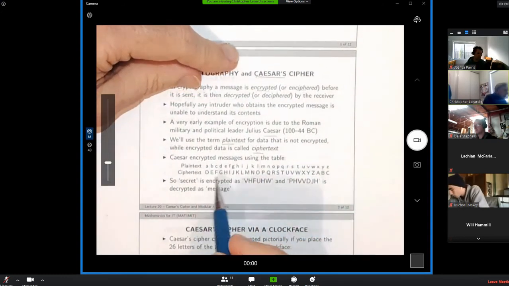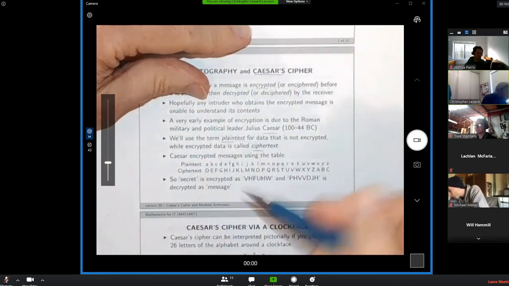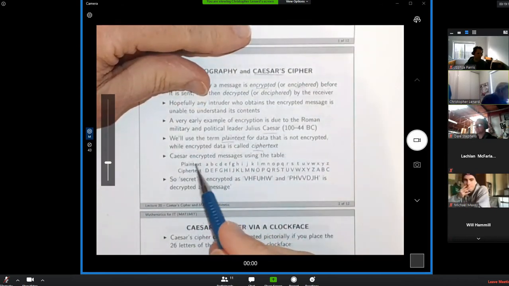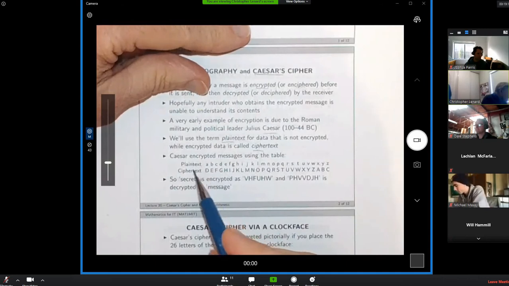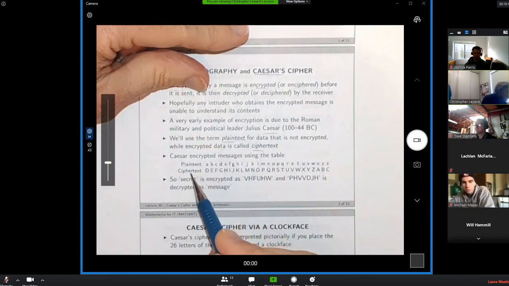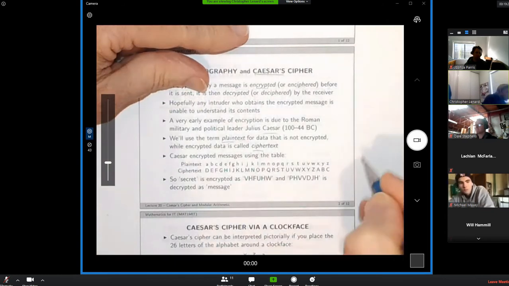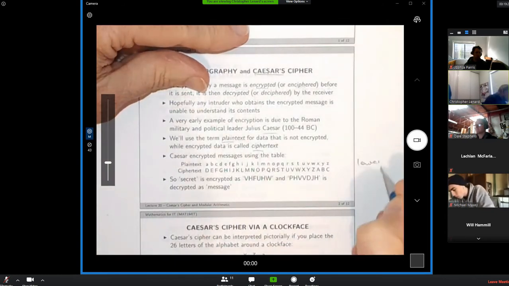And basically what the Caesar cipher was is, here's another thing. The tradition in this area is that plain text we'll always use lowercase characters, and ciphertext we always use uppercase. So lowercase and uppercase.